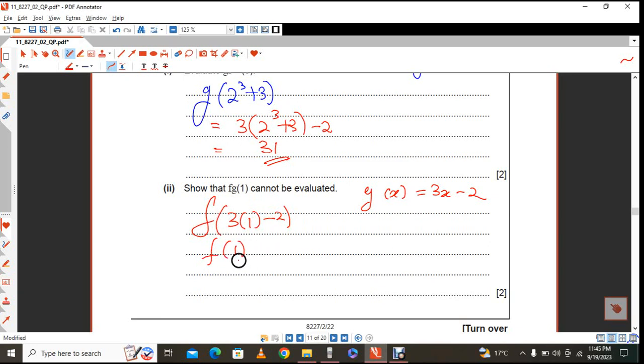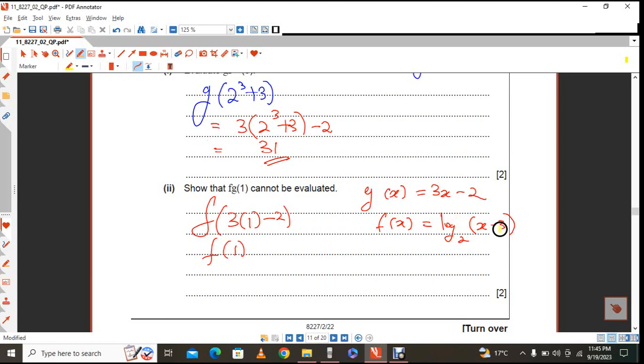And if you were to put this into our f of x, which was log base 2 of x minus 3, the part that I want you to pay attention to is this part over here. And if you were to put this value in here, it will generate a negative number.